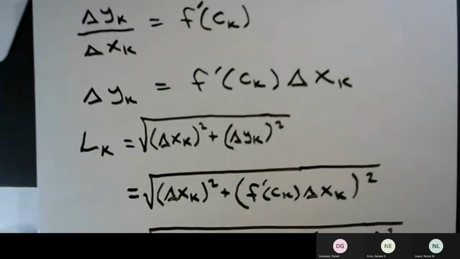This would be L along here, and then you have the circumference of this average value of y, 2 pi y star.